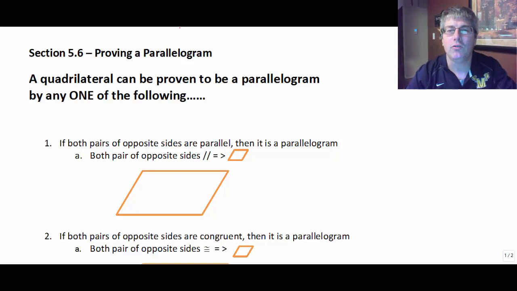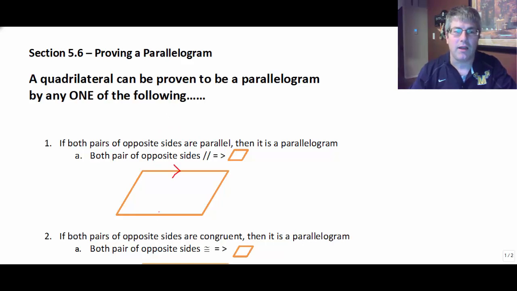Which one you use will depend on what is given to you and what route you take. So there's a variety of ways to prove it, but you only need to do one of these. To prove a quadrilateral is a parallelogram, if both pairs of opposite sides are parallel, then it's a parallelogram.